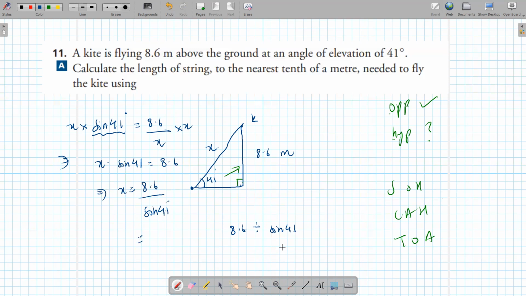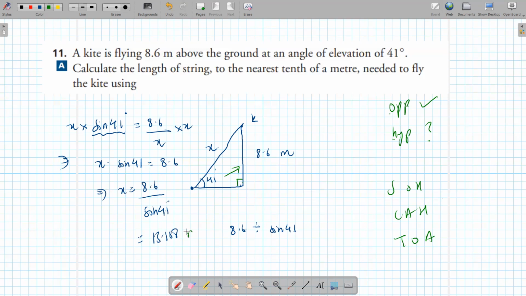I got 13.108. Okay, that sounds right. Let me double check that. 8.6 divided by sine 41. Yeah, so there you go. So x is 13.108. What's the unit? Is it just meters?